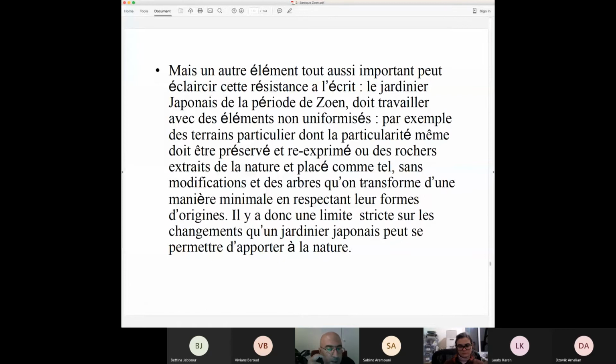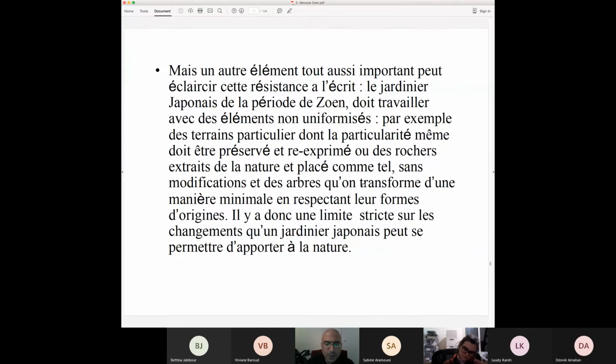The trees he was using had to be modified in a very minimal, almost invisible manner, respecting, in fact, re-expressing their original form. So there were strict limits on the changes that a Japanese gardener could allow himself to bring into nature.